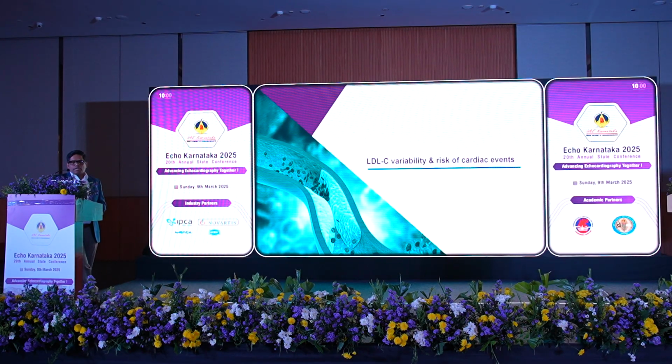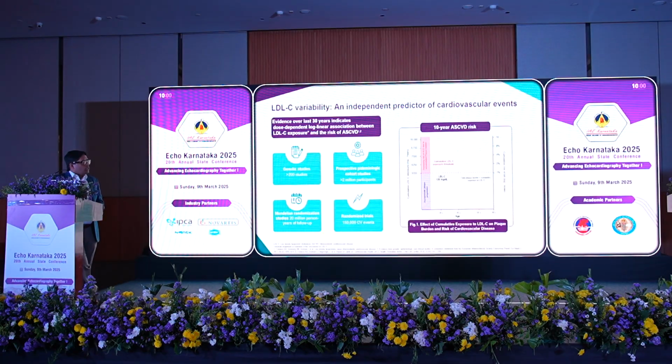So why is it important? There's a new concept of cumulative exposure to LDL cholesterol. As we age, the cholesterol that the body is exposed to accumulates.